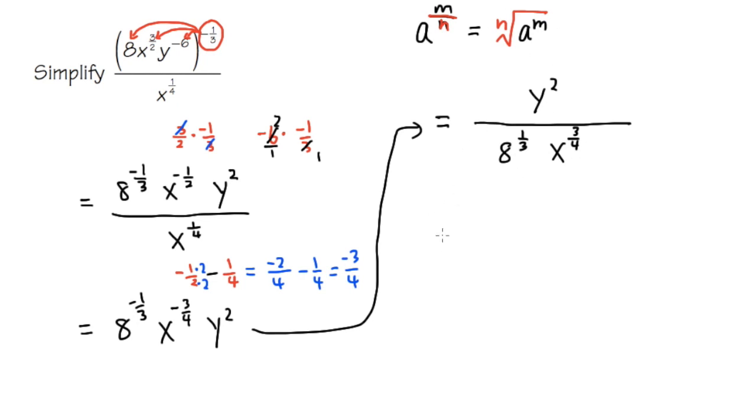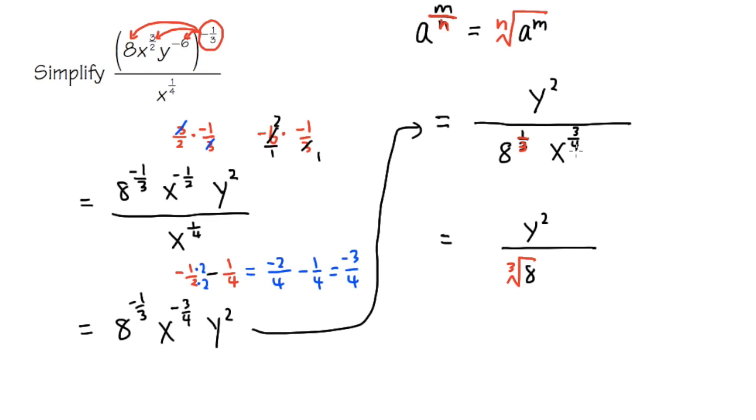So let's see. On the top, we know we have y squared, and then over, what's 8 to the 1/3 power? Well, based on the idea we just talked about, the 1/3 power, the over 3, is the same as saying we take the cube root of the number 8.